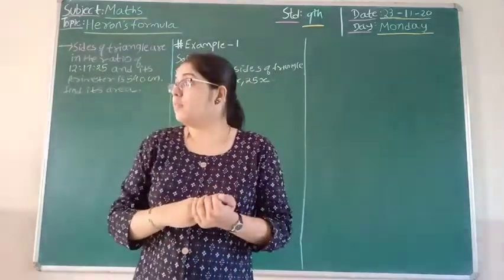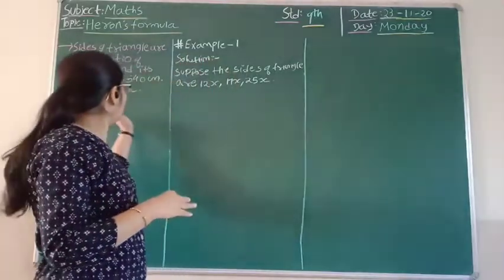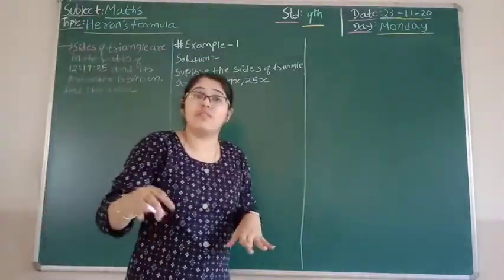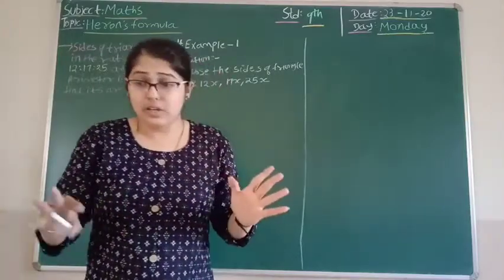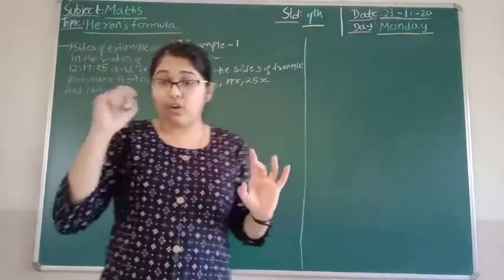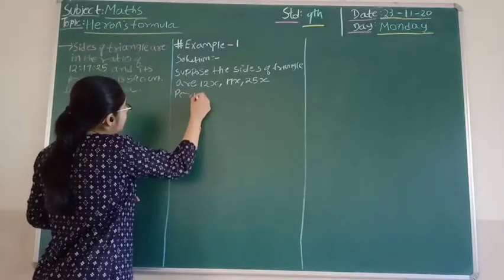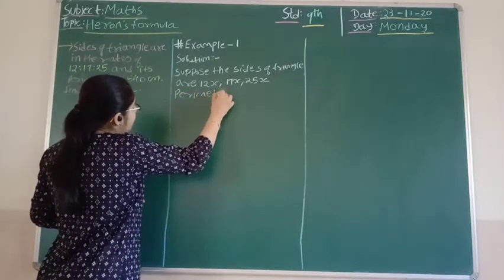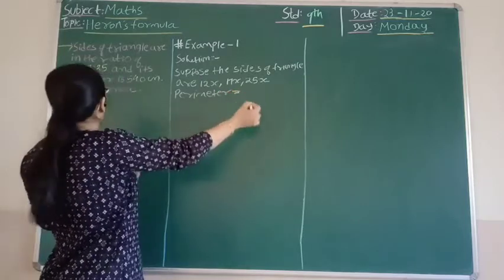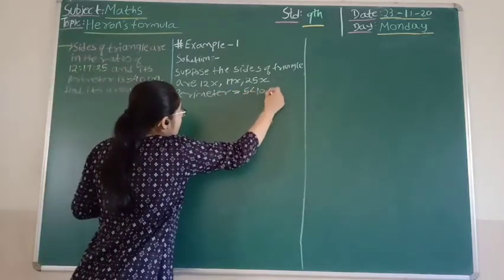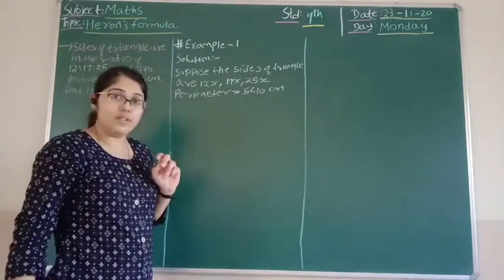We write this because the sides are given in ratio form and we need the proper size. Along with that we are given the perimeter, so perimeter is equal to 540 centimeter. This is what we are given.